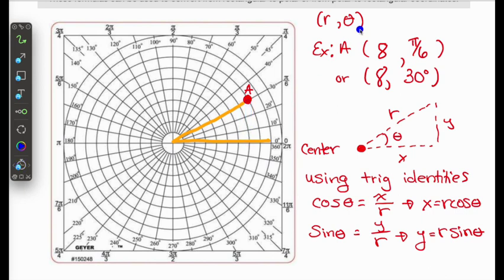Now, when we're dealing with polar coordinates, when we identify this point, instead of coming out x units and going up y units, we're going to see how far we swing open in terms of either radians or degrees. So in this case, to get to this point A, I'm going to swing open pi over 6 radians or 30 degrees.